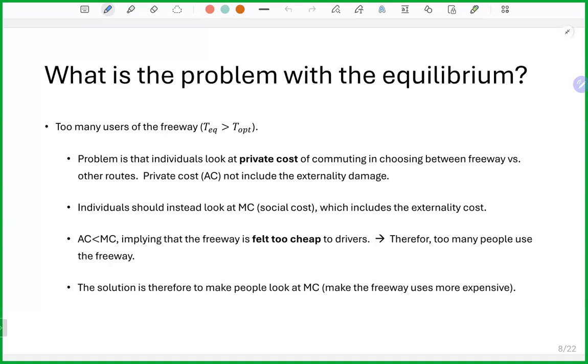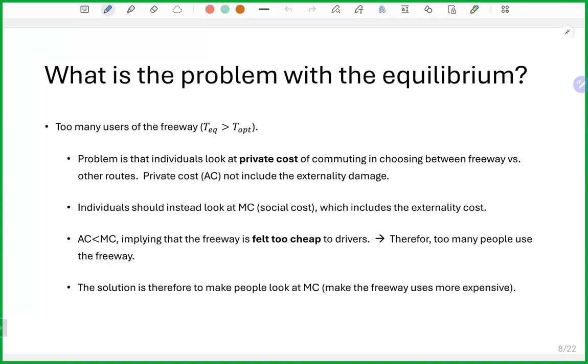Do you have that in your mind? The idea is that the externality cost, P G prime, is something that you pay in the form of a tax.